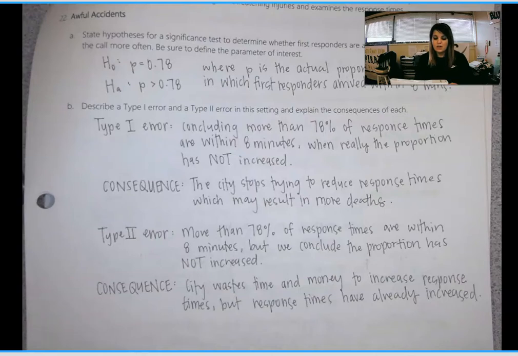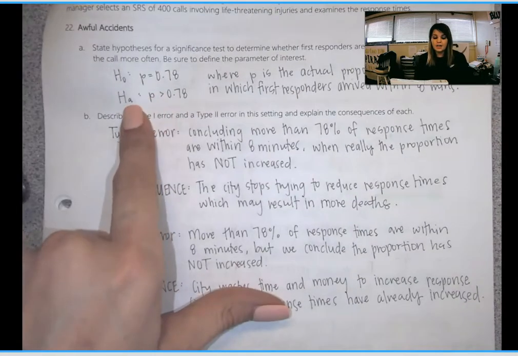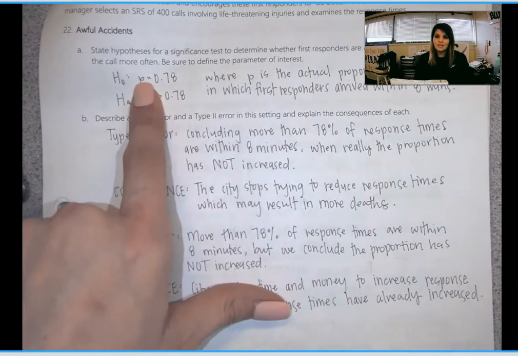So type 1 is you conclude the alternative, but the null should not have been rejected. So you conclude HA when really it's HO.